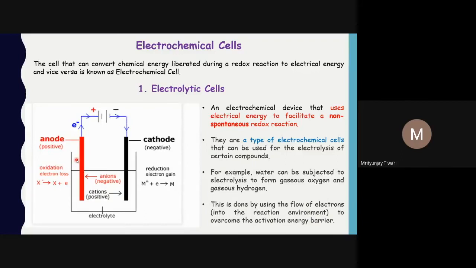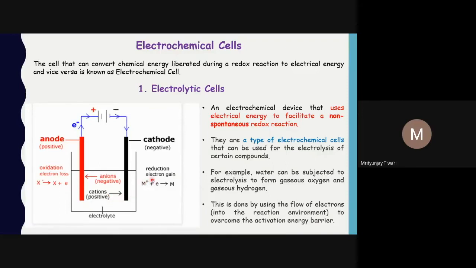Oxidation is the loss of electrons, and reduction is the gain of electrons. So oxidation is happening at the anode, and the electron travels through and comes to the cathode. The cathode is accepting electrons, so that the cation of the electrolyte solution will come here at the cathode.